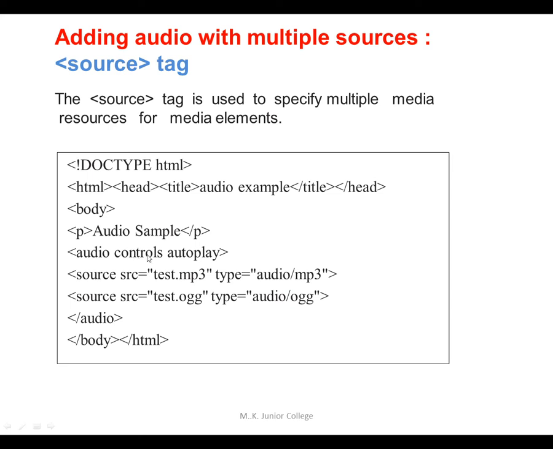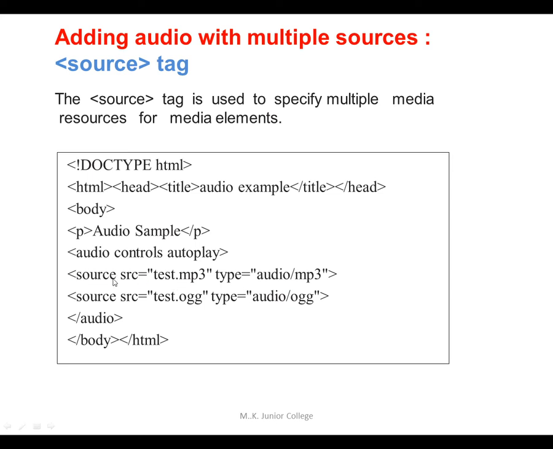Here I am using two boolean attributes, which are controls and autoplay. Controls will display the control buttons and autoplay will start the audio as soon as your page gets loaded on the browser. So here I am giving more than one source for the audio.